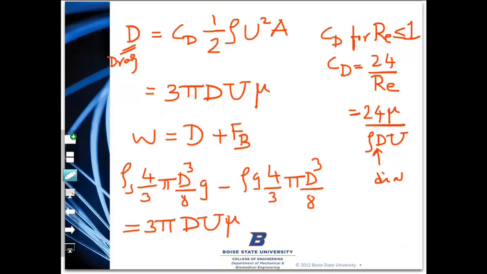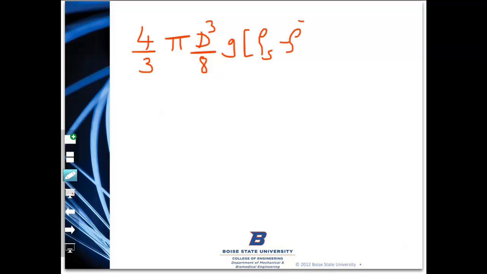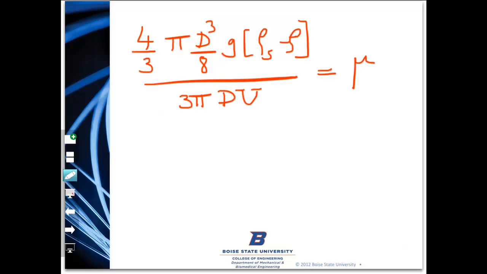Okay, so now if you further simplify it, I get 4/3 pi d cubed over 8 g (rho s minus rho) equals 3 pi d u mu, and I'm solving for mu, the absolute viscosity.